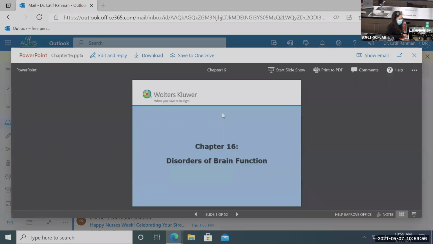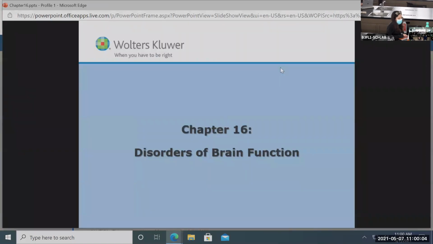Now we're going to deal with the brain. And also with brain functions or disorders, please know the normal anatomy of the brain.